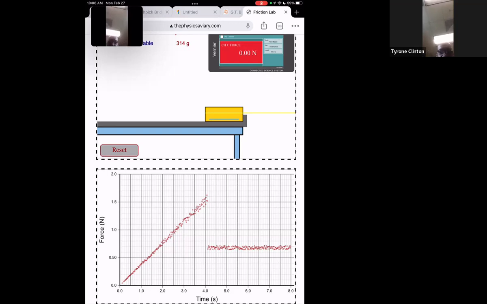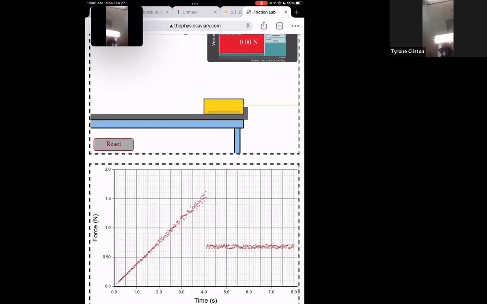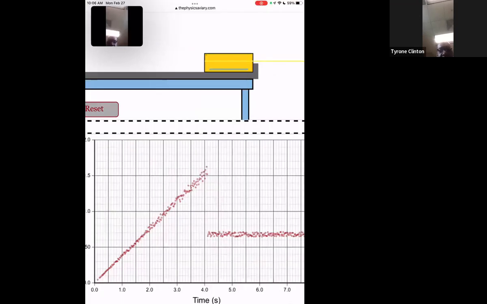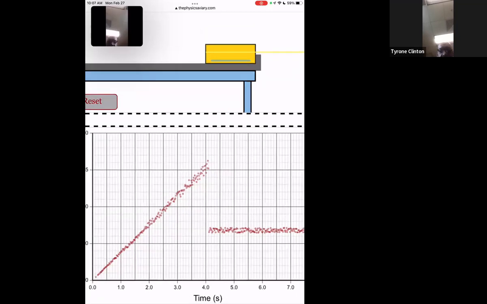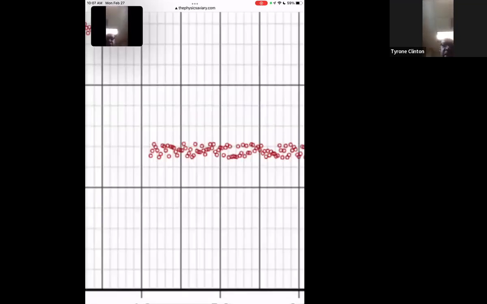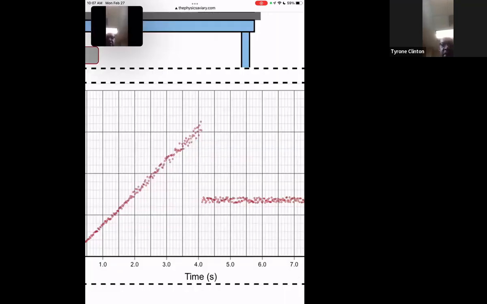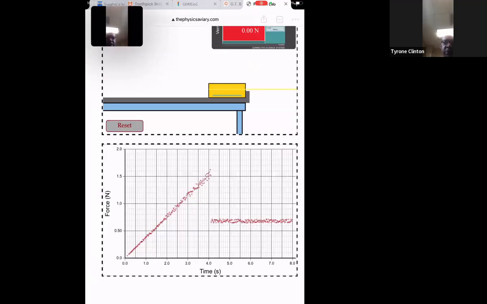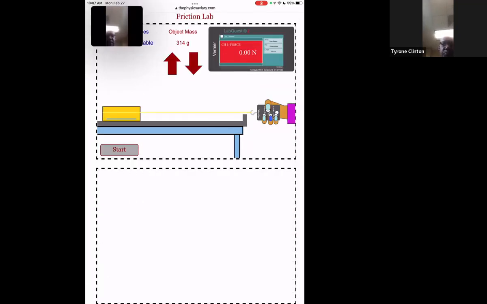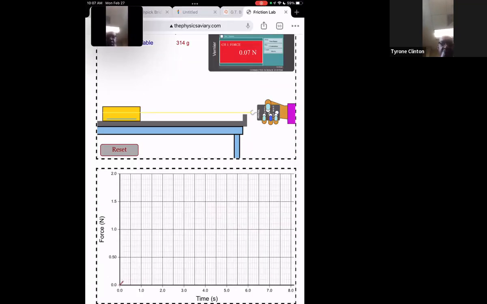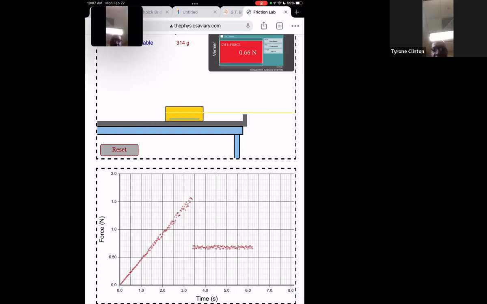Right after that, right about the 4-second mark, which really isn't all that important, in this bottom one, kinetic friction now takes place. And kinetic friction is just that movement that takes place. So if I reset this again, and I'm just moving it at a specific rate, it's moving at a constant rate, and that kinetic friction is constant, okay?